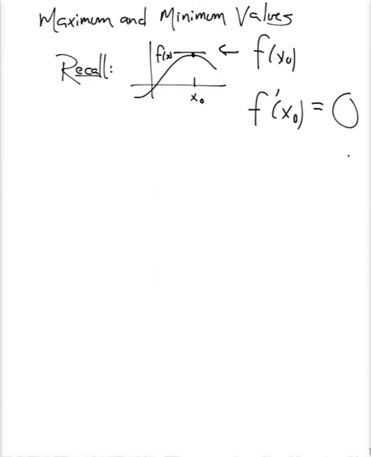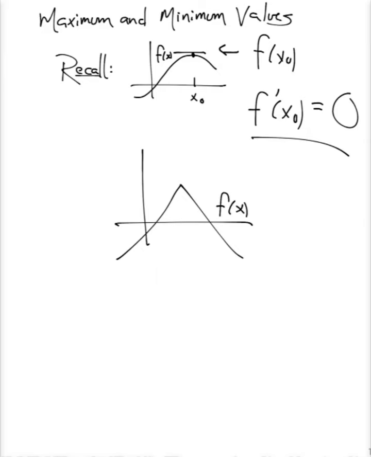But the derivative doesn't have to be equal to 0, because we could also have some situation like this. Whatever function this may be, it looks like this function has a maximum at this point, but this derivative isn't even defined, DNE, right?